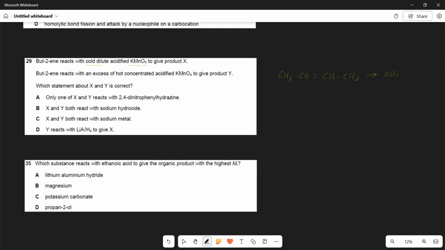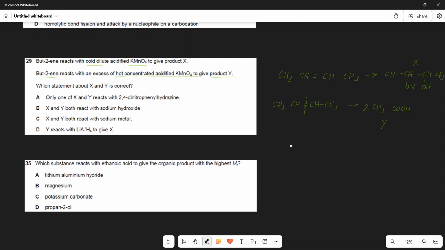So you will get CH3CHOHCHOHCH3. This is X. Then butene reacts with excess hot concentrated KMnO4 to give product Y. There will be a breaking of this double bond, so you will get CH3COOH 2 times, because both are equal. So this is Y.